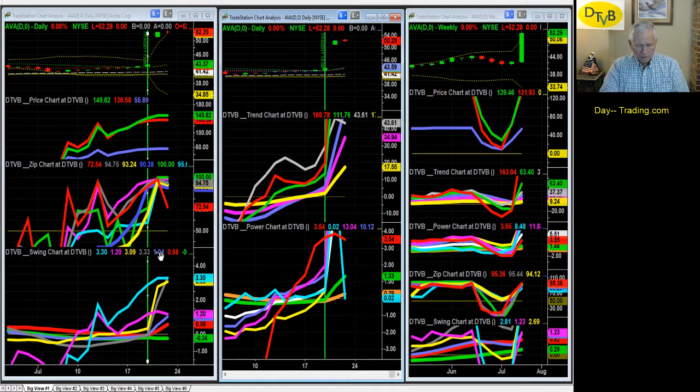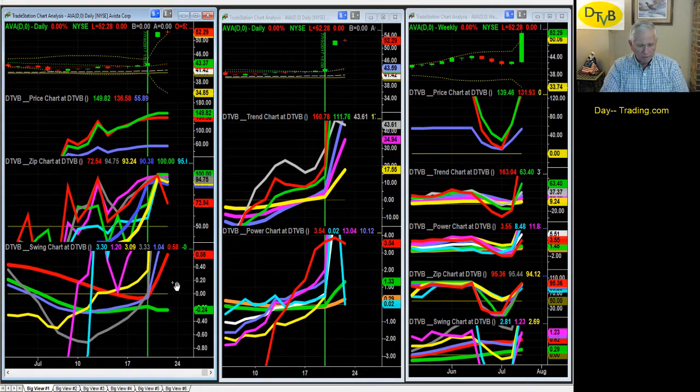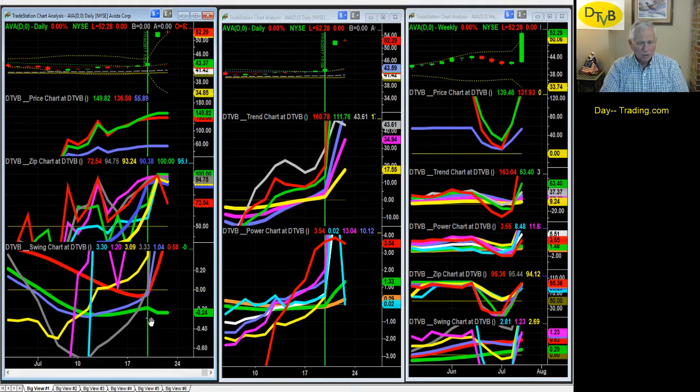The swing gray line down here, I'll point this out as long as I'm over here. If you look at this, swing gray has crossed over swing red, and it has also crossed over 0.